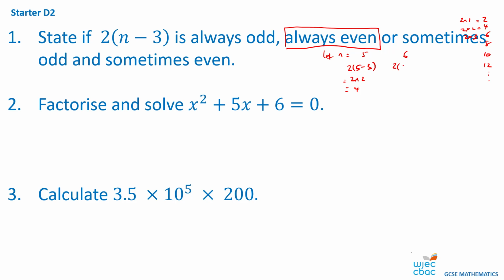We'll have 2 times 6 minus 3, which is 2 times 3, which is 6. And let's try 7. 2 times 7 minus 3, and that's equal to 2 times 4, which is 8. So make sure you state always even at the end.